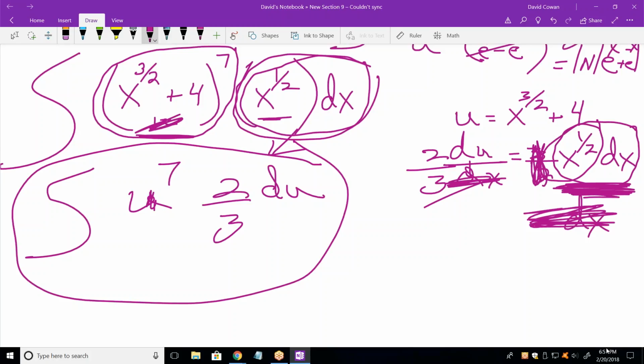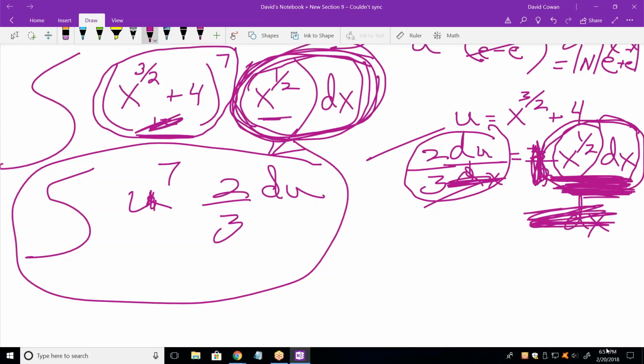I'm not sure how Arapahoe teaches it. Most students prefer this method because it's a little shorter, where you don't actually solve for dx, where you look for something that you see. In other words, I see that in the function, so I'm solving for x to the 1/2 dx. And I have solved for it, so I'm not going to solve for dx.